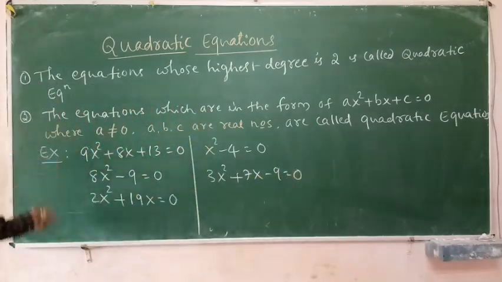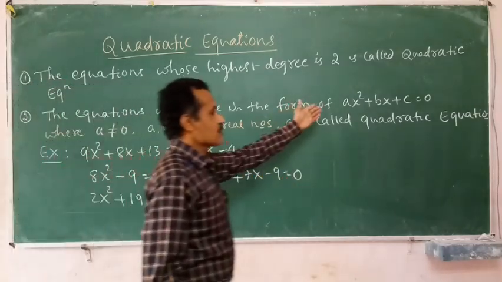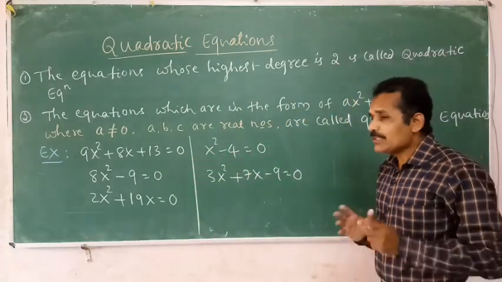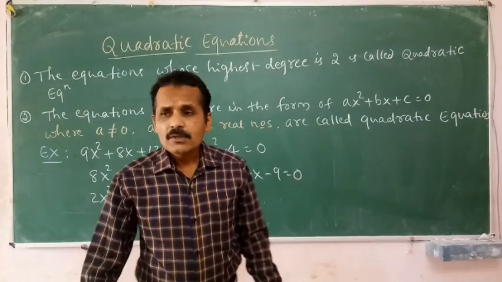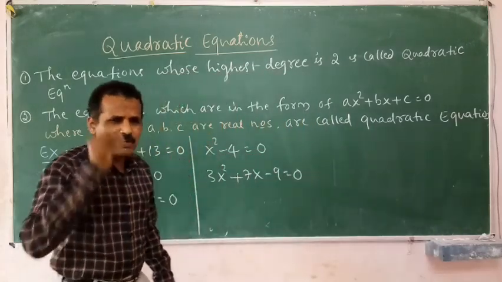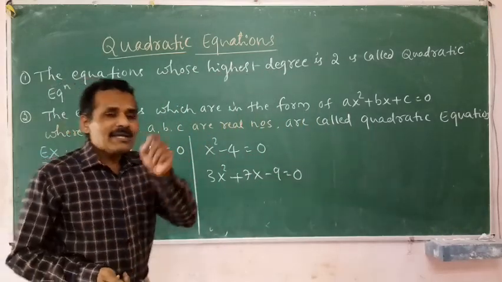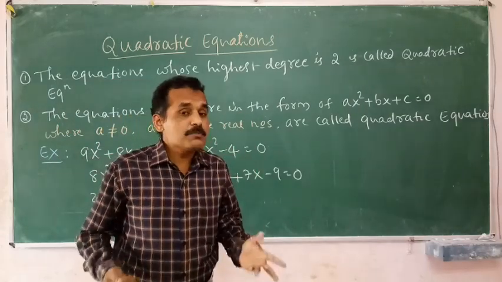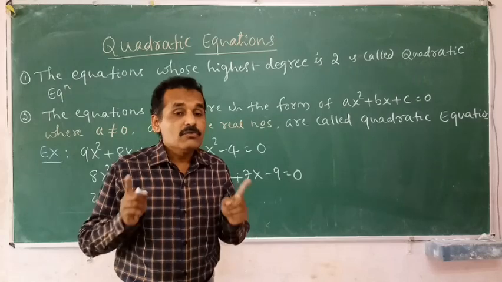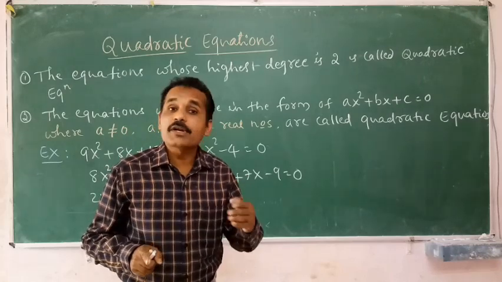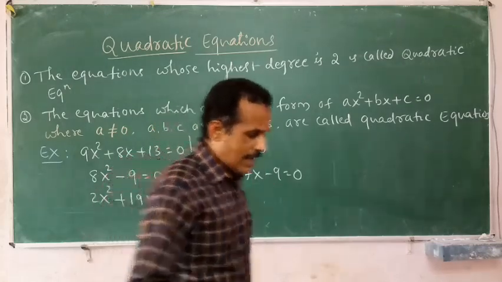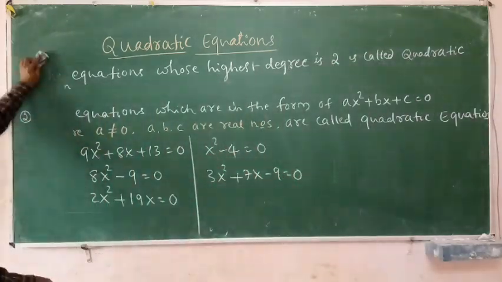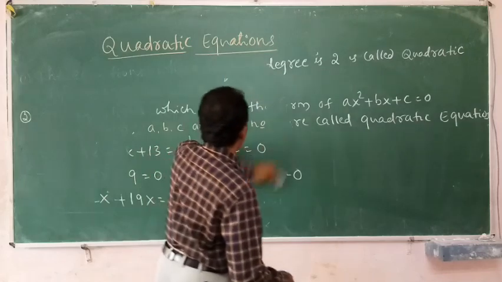These are all the examples. They are in the form of ax square plus bx plus c is equal to 0. Okay. So in this chapter, the very first important thing we have to learn is, by seeing the equation, is it possible to say whether the given equations are quadratic or not? Okay. So I will give some examples to you. See here. We will take some examples.